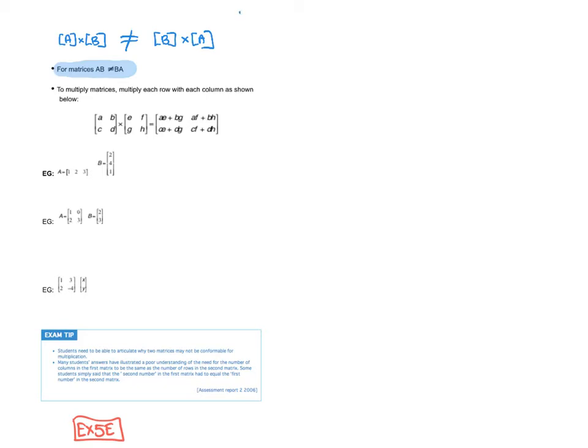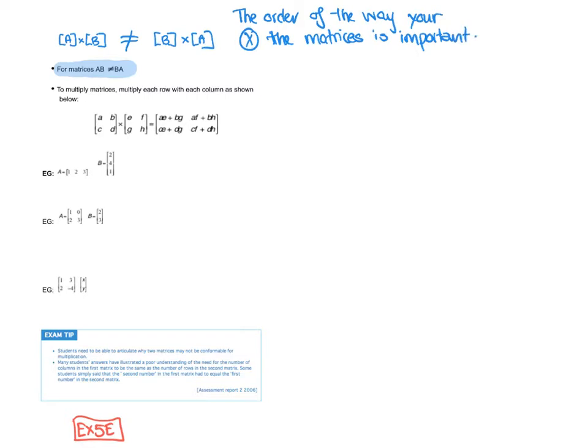So what we're saying is the order of the way you're multiplying these matrices is important, because they will give a different answer, okay?